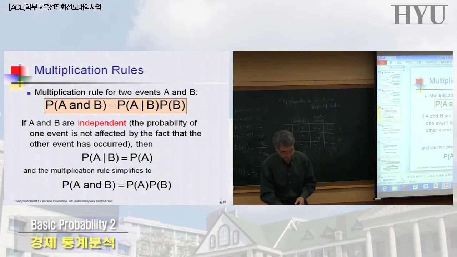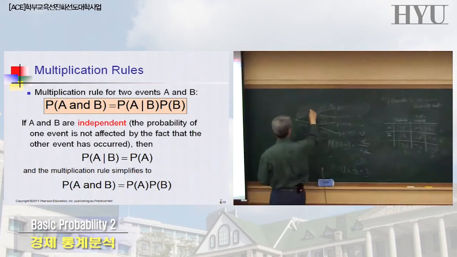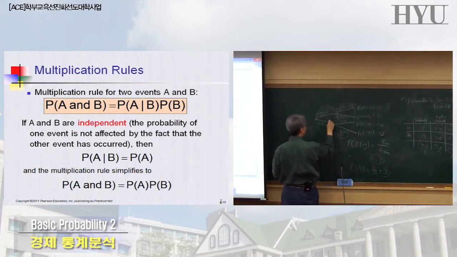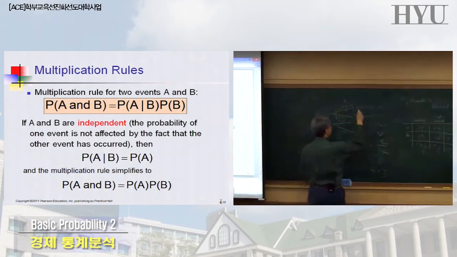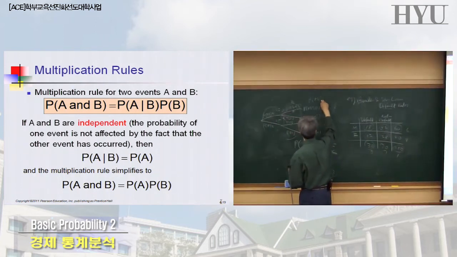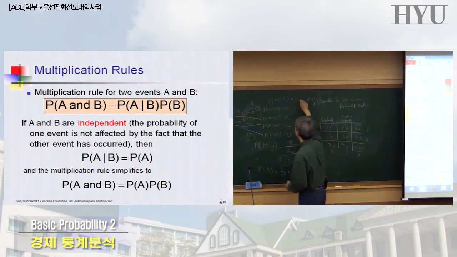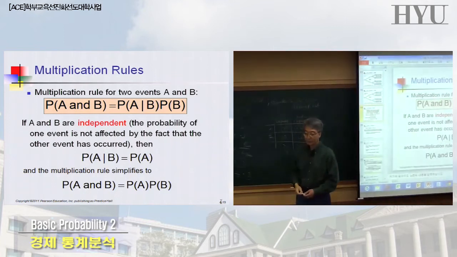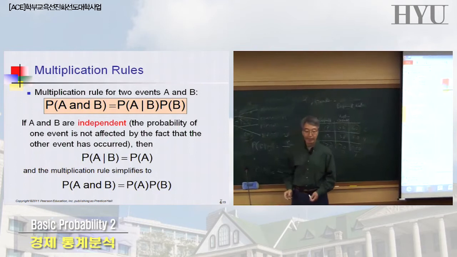The probability of head is 0.5, the probability of tail is 0.5, and each possibility for the dice is 1/6. So the probability of a head and number 3 is simply 0.5 times 1/6, because we can reasonably assume these two events are independent.